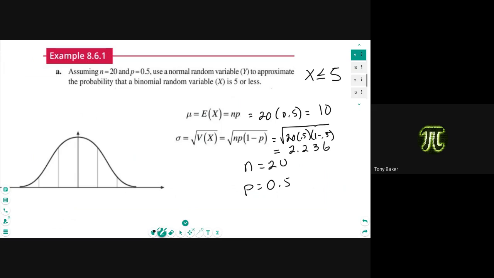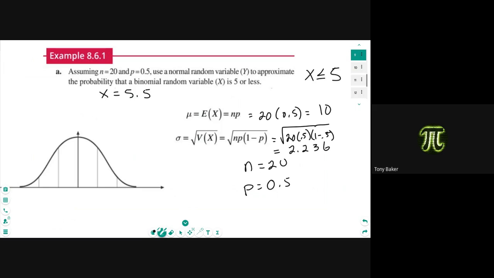It's going to give me the values below 5. So I technically could do any number I want. The standard rule is 0.5. So I'm going to make x equal to 5.5 for my problem instead of 5. I'm always going to go up by half or down by half, depending on which direction we're looking.